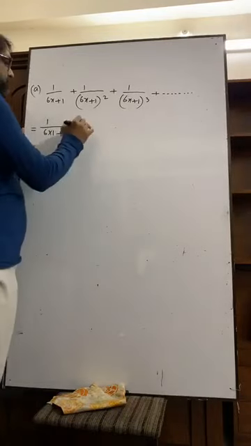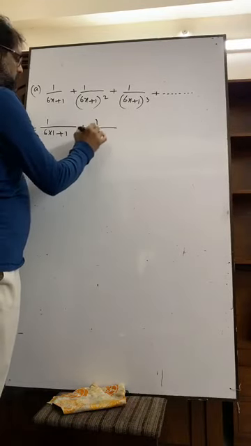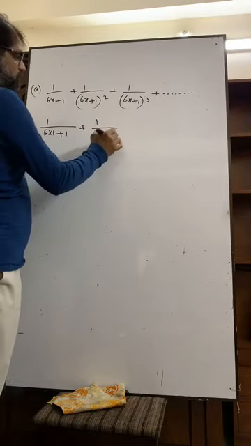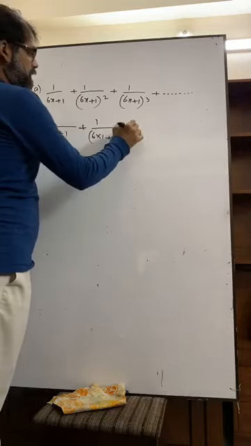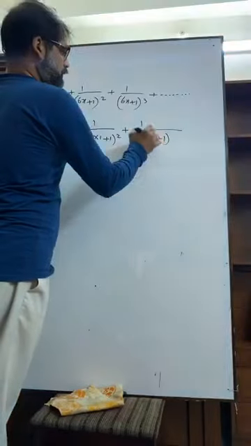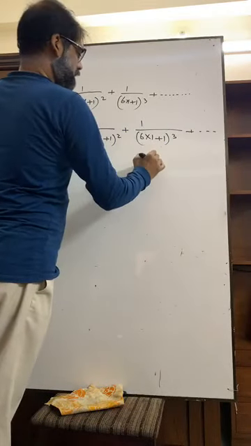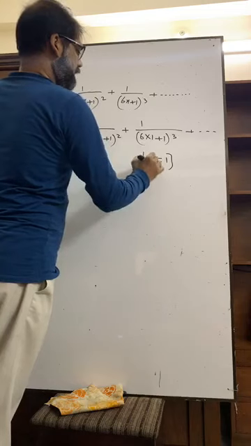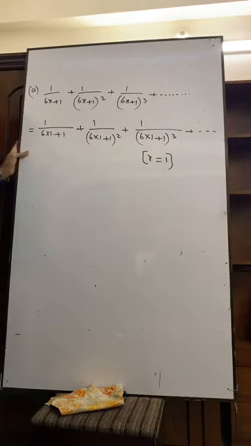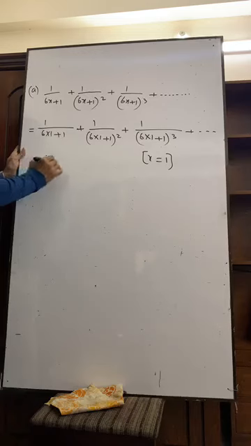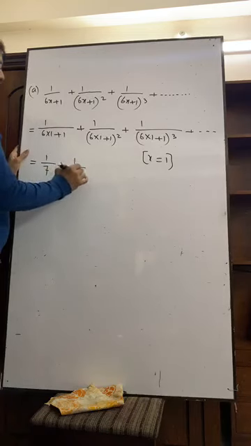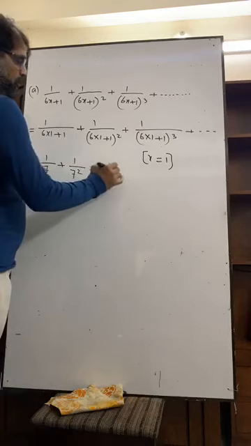Listen. 6 into 1 plus 1 whole square. 6 into 1 plus 1 whole cube. I have put x equals to 1. So 1 by 7, 1 by 7 square, 1 by 7 cube.